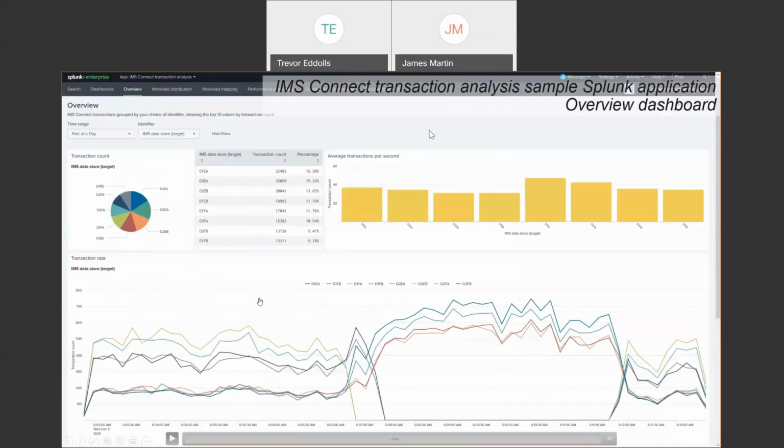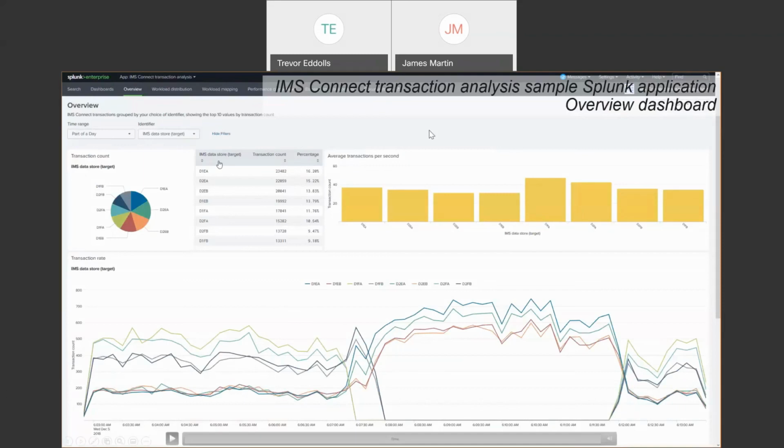But putting that information into Splunk allows us to look at the performance of IMS Connect and understand it around various aspects. Those aspects can be changed by the time range, identifiers, all those types of things. This particular report is showing me transaction counts by IMS target data store.